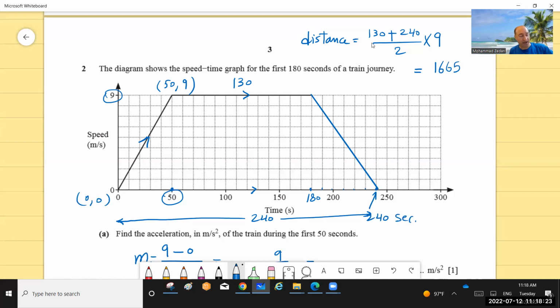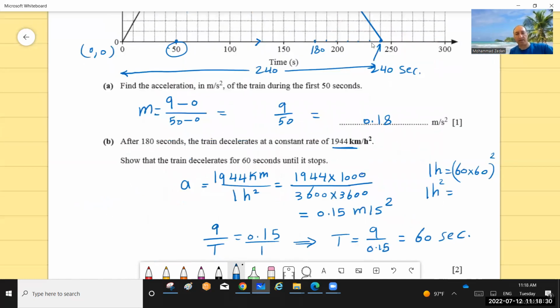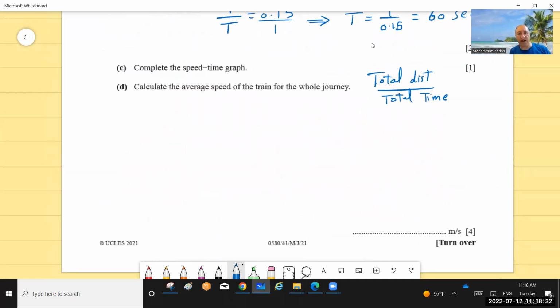If you want to calculate the average speed, just divide 1665 by the total time 240. So the average speed is equal to 1665 over the total time taken 240, which gives you about 6.94, about 7 meters per second. This is the average speed.